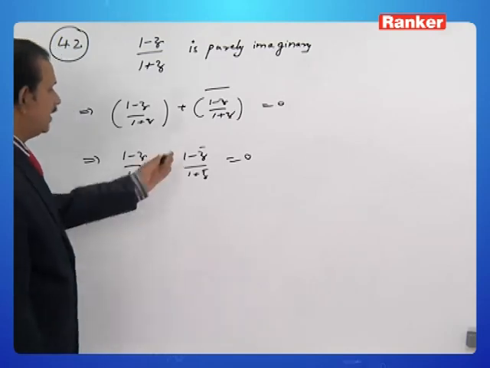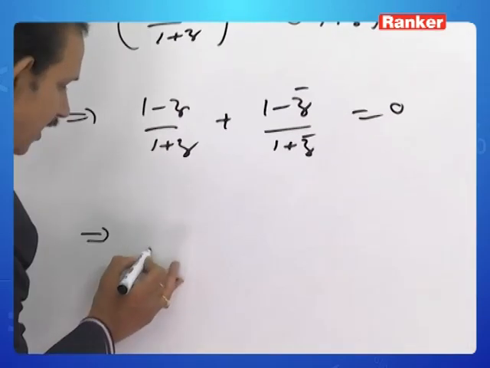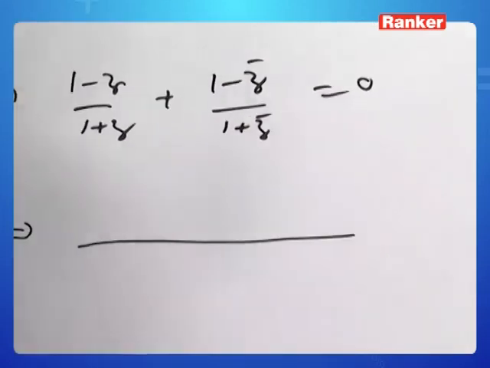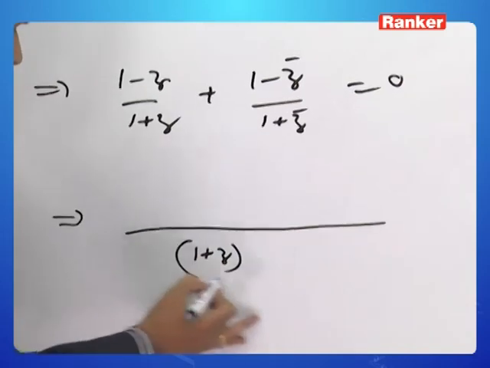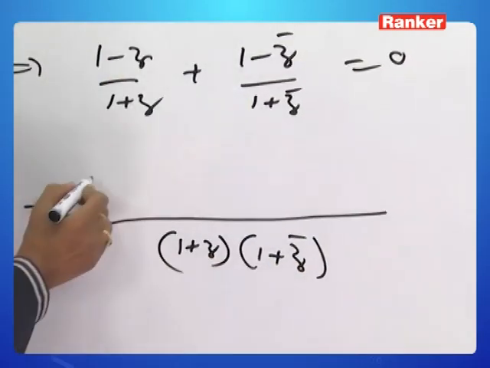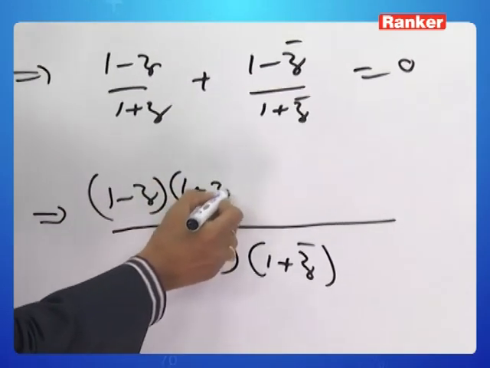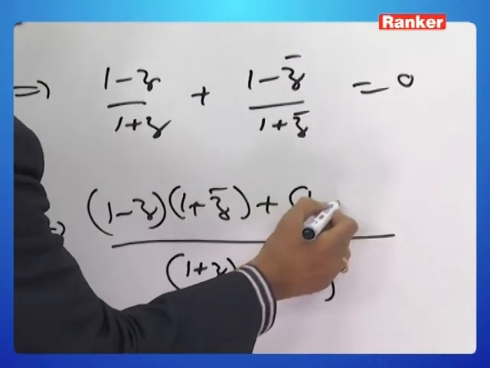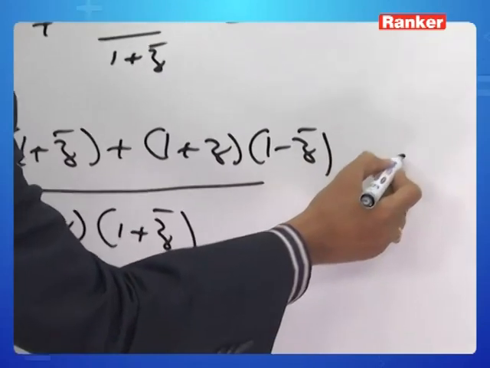Hence it is (1 minus Z bar) by (1 plus Z bar) equal to 0. Let us now consider the LCM. What is the LCM here? (1 plus Z)(1 plus Z bar). Here (1 minus Z)(1 plus Z bar) plus (1 plus Z)(1 minus Z bar) is equal to 0.